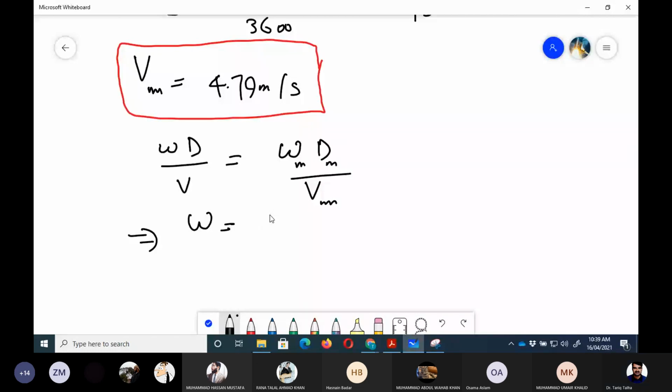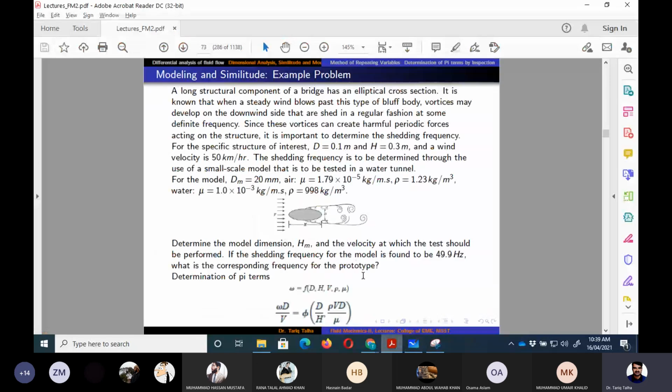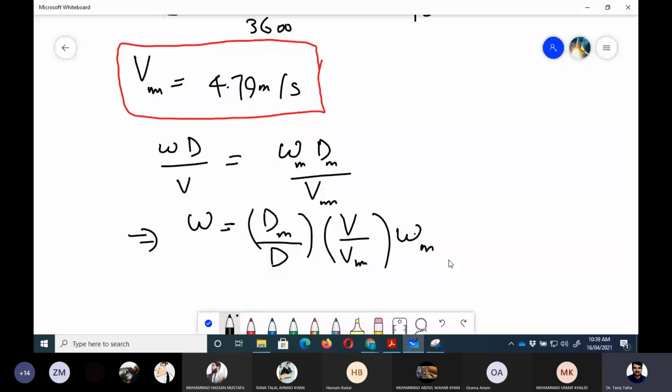dm upon d and V upon Vm into omega m. Omega m, as you see, is given to be 49.9 hertz, so we need to calculate its value.